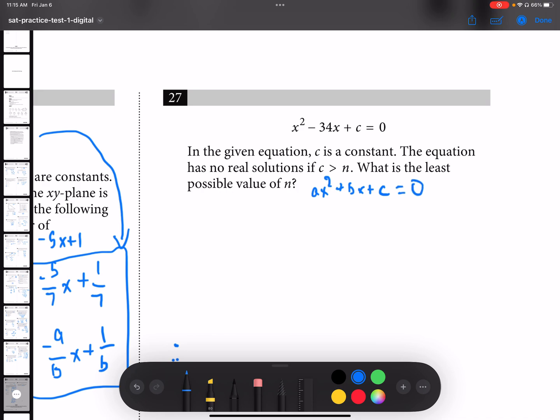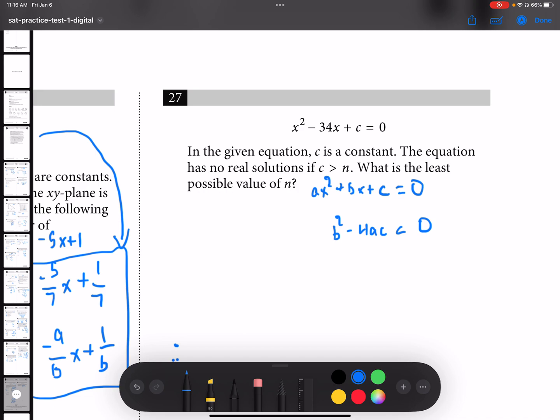So if a, b, c are constants and it has no real solutions, that means b squared minus 4ac is less than 0, if c is greater than n.